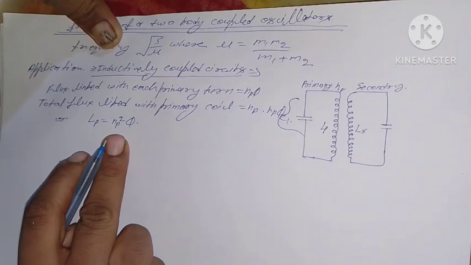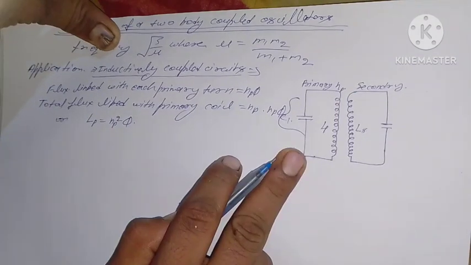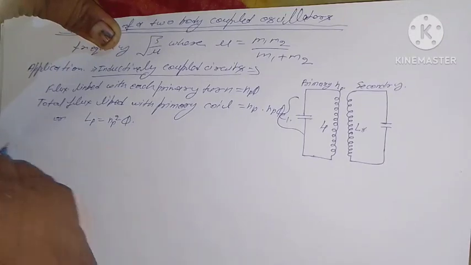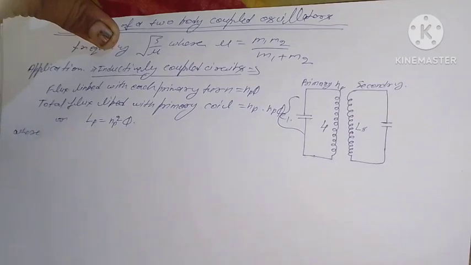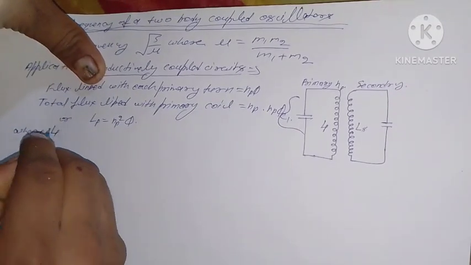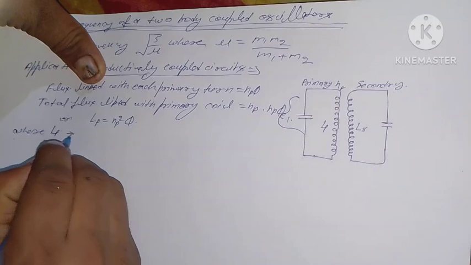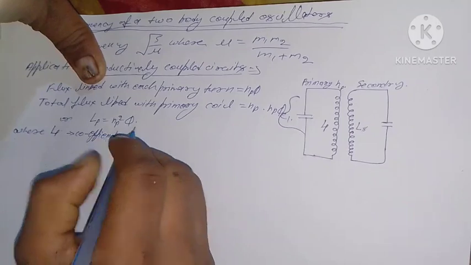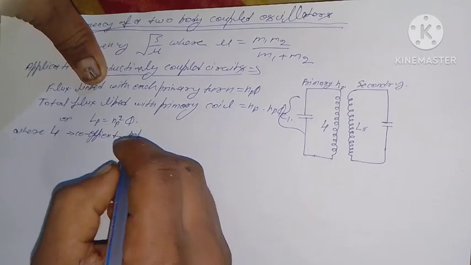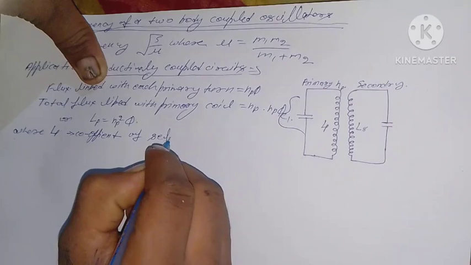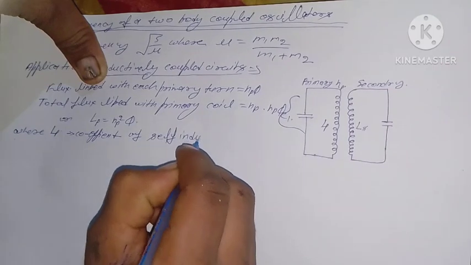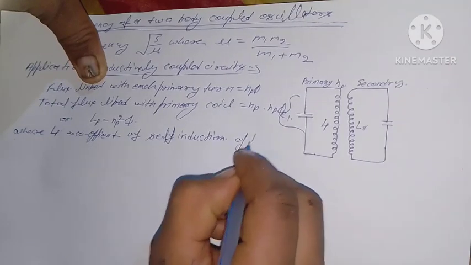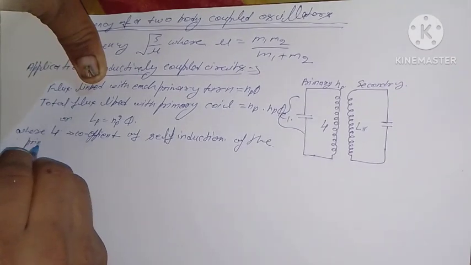This is the total flux linked with the primary coil, where LP is the coefficient of self-induction of the primary.